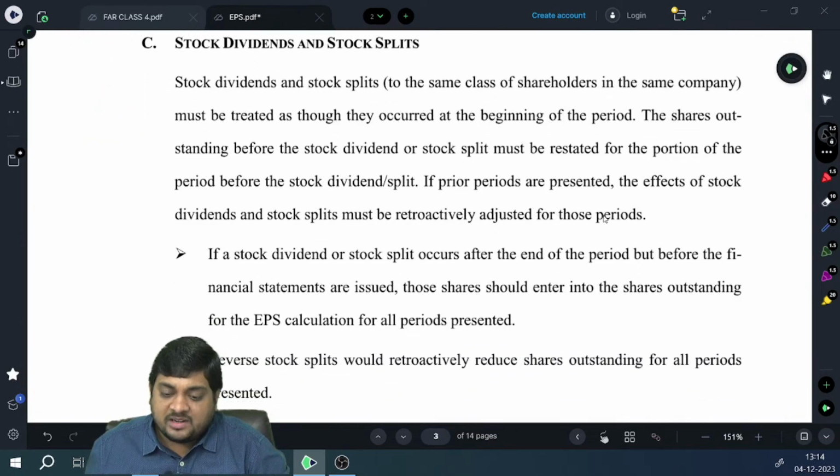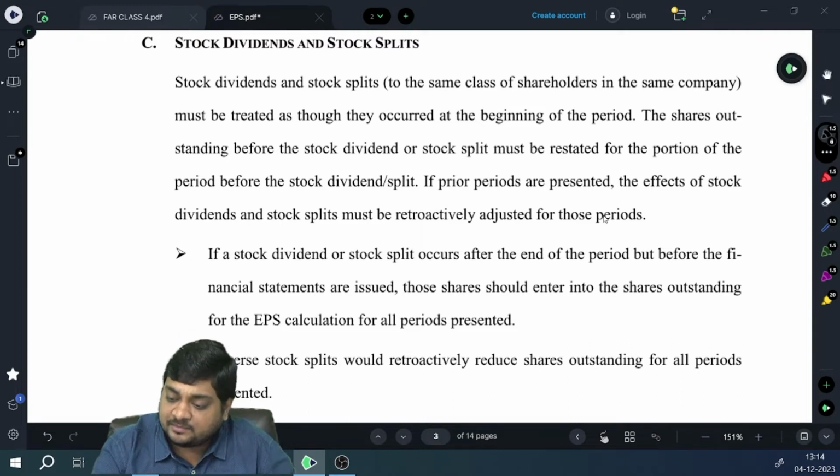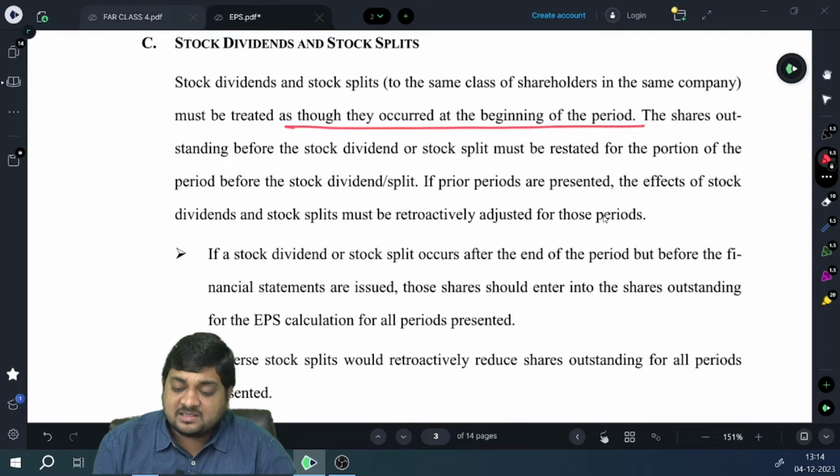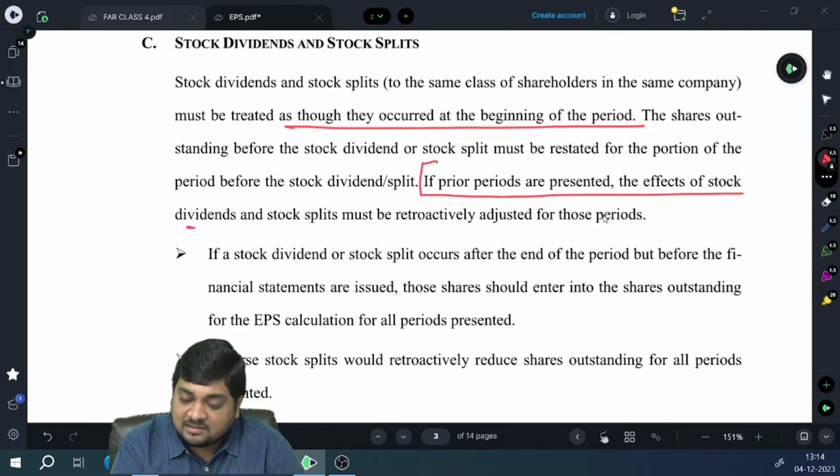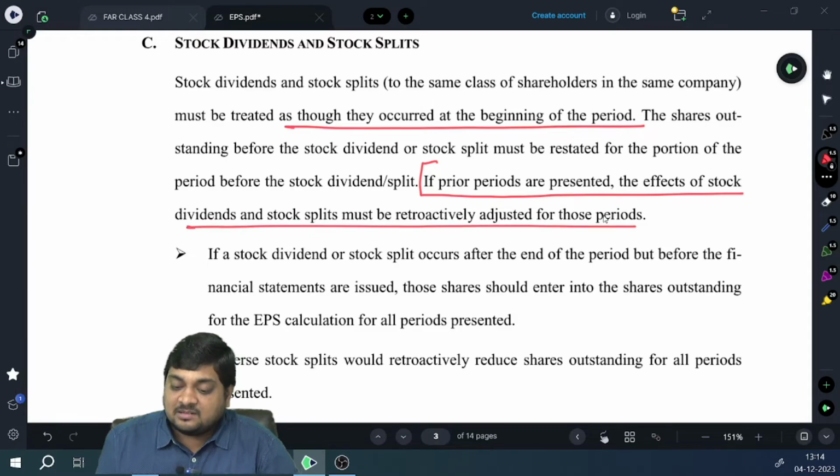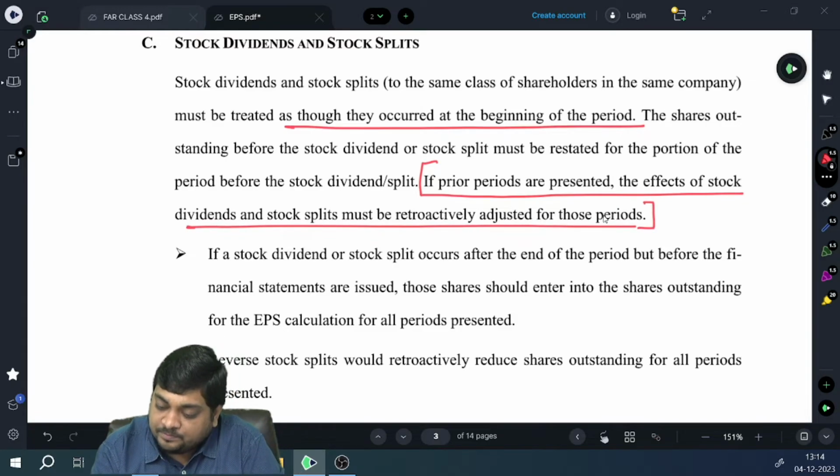Now the stock dividend and stock split, I have already told you, should be considered from the beginning of the year. Retroactively means for the prior period also we will adjust. This I will explain separately, no problem.